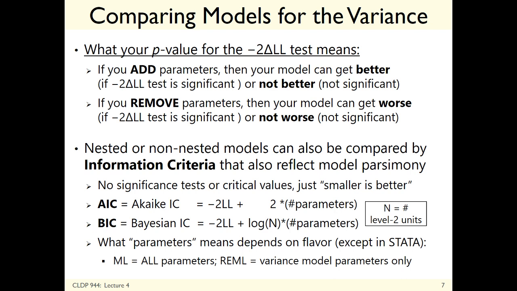What I'm interested in is your ability to differentiate how many parameters are in the model based on what I called it, and whether you should be counting all the parameters if you're in ML, or just the variance parameters if you're in REML. So that's what I'm looking for here. N is the number of level 2 units in the BIC formula. That actually varies a bit across programs, but that's what SAS does most of the time. So you can use those to help you figure out the first part of homework 3.